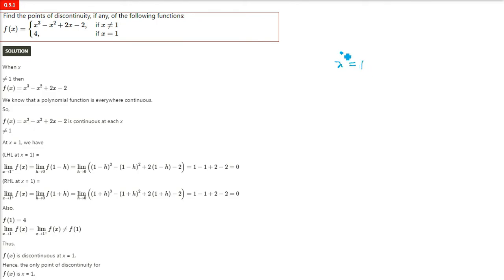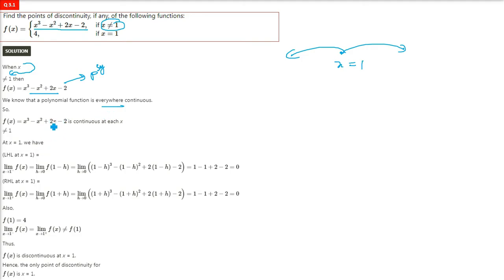We'll use this polynomial, x cube minus x square plus 2x minus 2, on both the sides. Because when x is not equal to 1, this is the expression, or you can say the polynomial, we are going to use. So this function is a polynomial and it is continuous everywhere. Then first you have to write that. So it is continuous at every point.